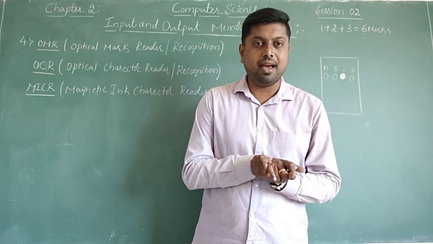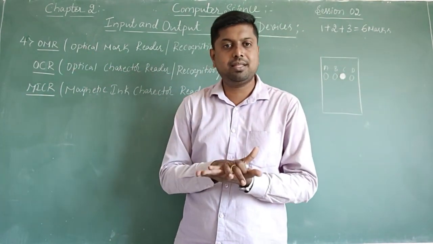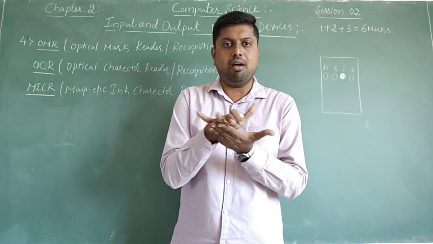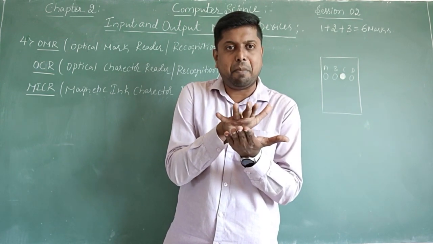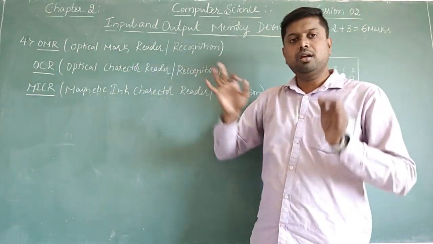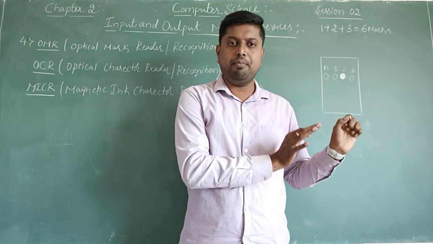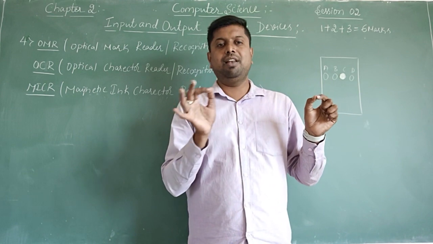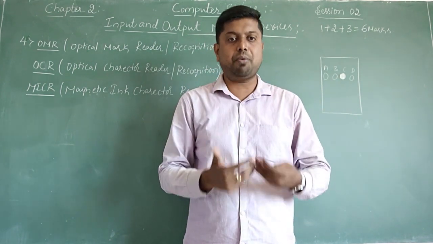How is that recognized? With the help of optics. Optic means light. The light passes over the sheet, and automatically that light reads the marks. That is what we call an optical mark reader, especially used for evaluating OMR sheets in competitive examinations, because it is a very easy process.